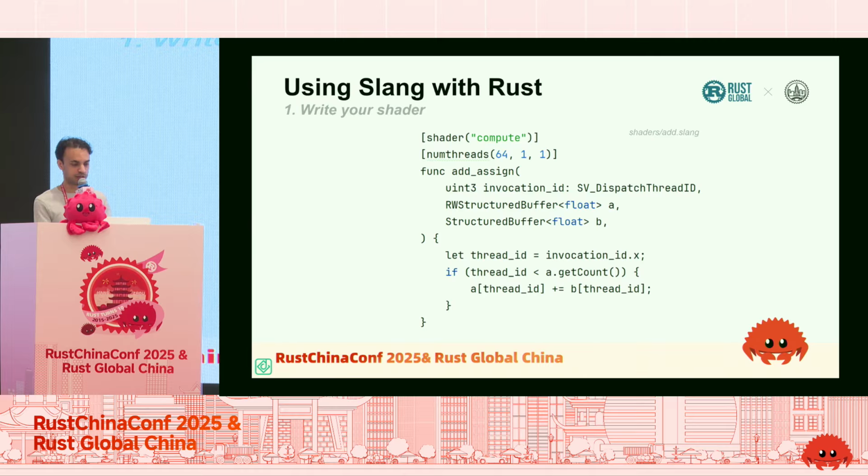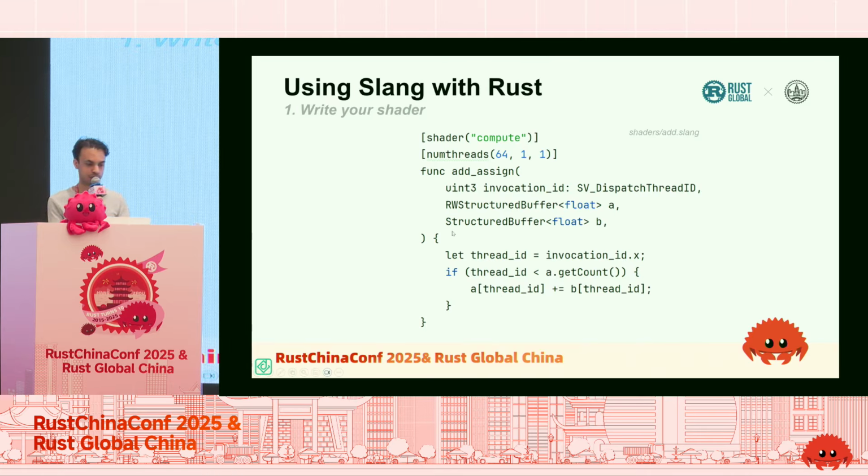And as you can see, I don't have to specify any kind of binding groups or binding indices. So we have two buffers here. The first one is read-write access, and the second one is read-only. We have the identifier for the current thread. We check that it's not out of bounds, and we compute the sum.